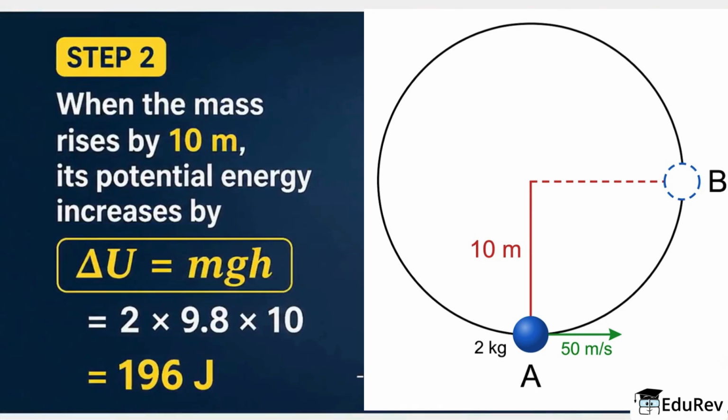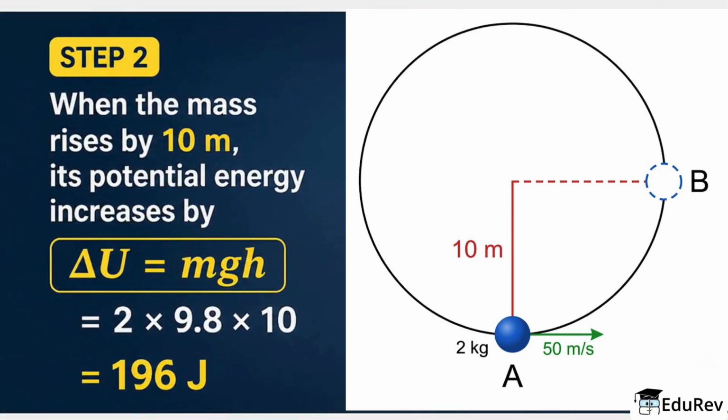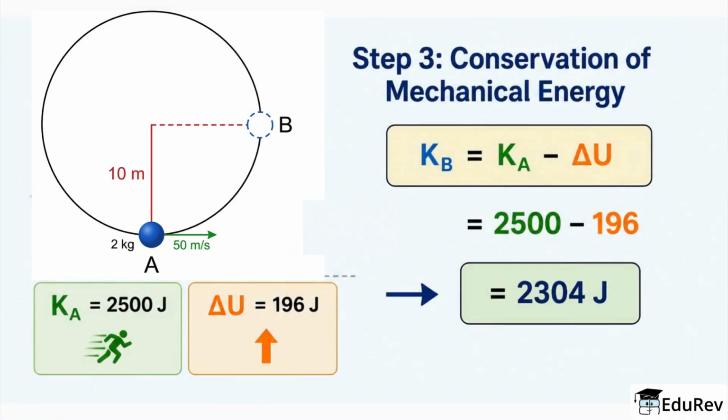Step 2. Note that when the mass rises by 10 meters, its potential energy increases by mgh, which equals 2 times 9.8 times 10 equals 196 joules. Step 3. Total mechanical energy is conserved. So K at B equals K at A minus the gain in potential energy, that is 2500 minus 196 equals 2304 joules.